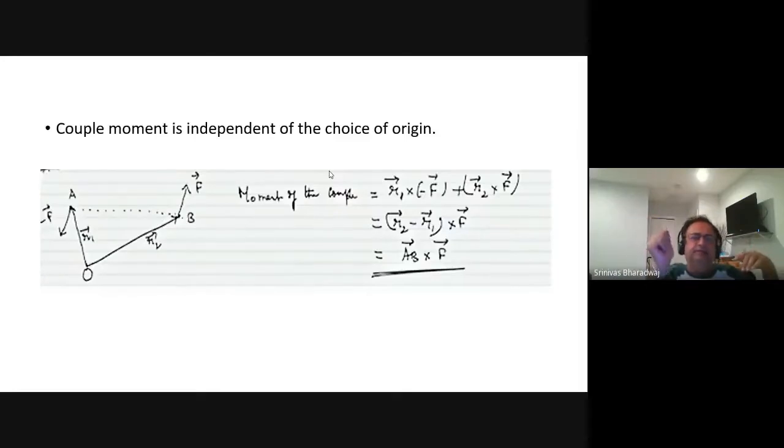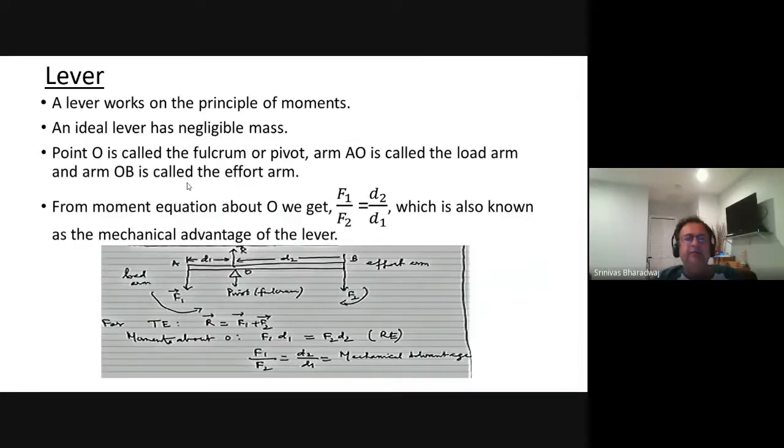When you sum the two, you end up with r2 minus r1 cross f. So your position doesn't matter. It is only this vector AB which matters. AB cross F is the net moment of the couple. Okay, so remember that AB cross F.